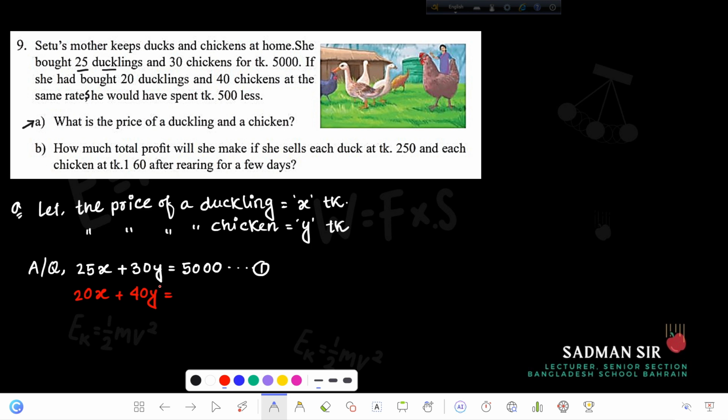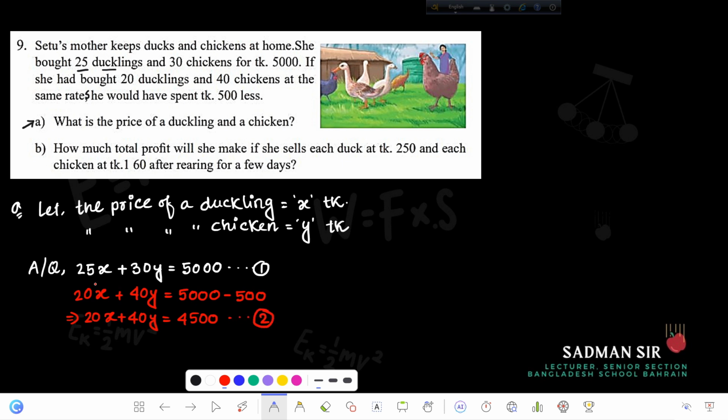Then the total price would have been 500 less. Previously it was 5,000, now it is 500 less, so we subtract 500. This equation comes down to 20x plus 40y equal to 4,500. That is our equation number 2.